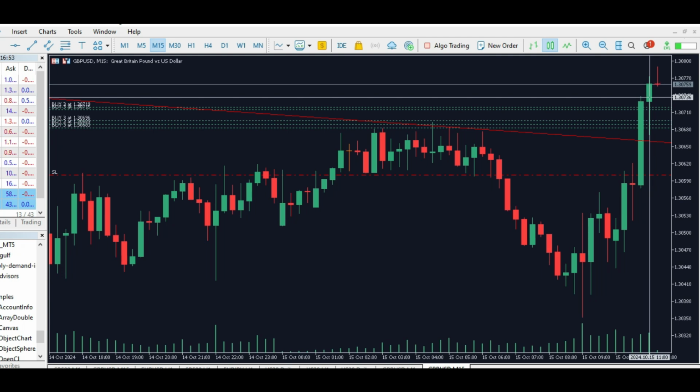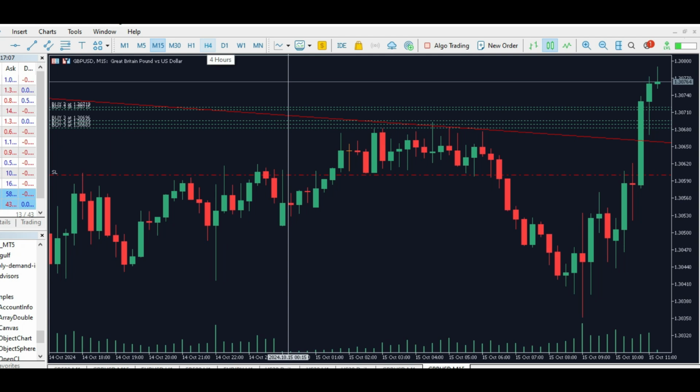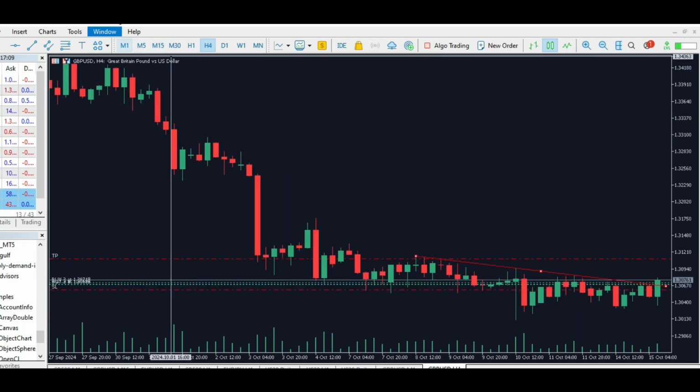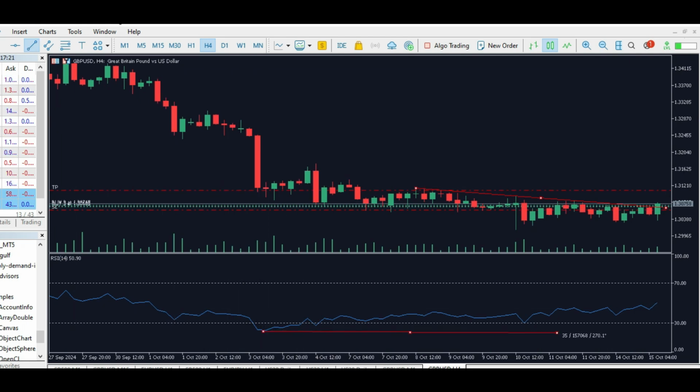Now when we finish that, the next thing that we need to watch when we watch a real live breakout is the divergence. Actually, what I like to watch is divergence on the 4-hour chart. So I will add a relative strength index, and you can see from October 3 up to now we have a bullish divergence here, relative strength index on the 4-hour chart.